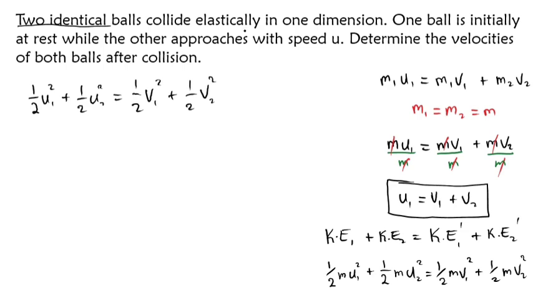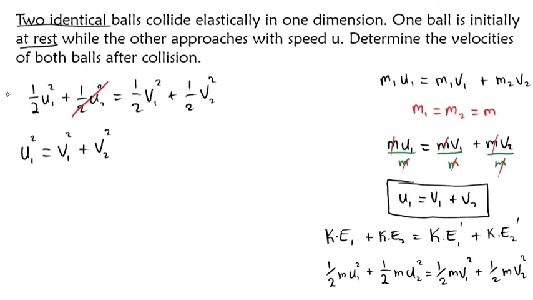Now remember, initially the second ball was at rest. So just like we did in the previous step, this cancels out. There's no initial velocity for object 2. I can get rid of the half by multiplying throughout by 2. So I'll remain with u1 squared is equal to v1 squared plus v2 squared.